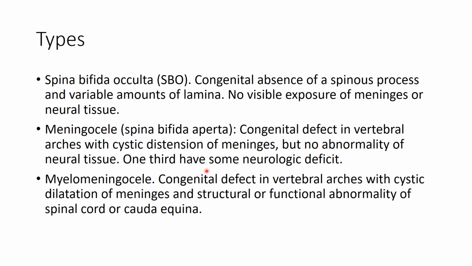One third of these patients will have neurological deficits, mainly muscle weakness. Myelomeningocele is a congenital defect in the vertebral arches, similar to the meningocele, but this sac of meninges will have a neural structure, such as spinal cord or nerve roots.